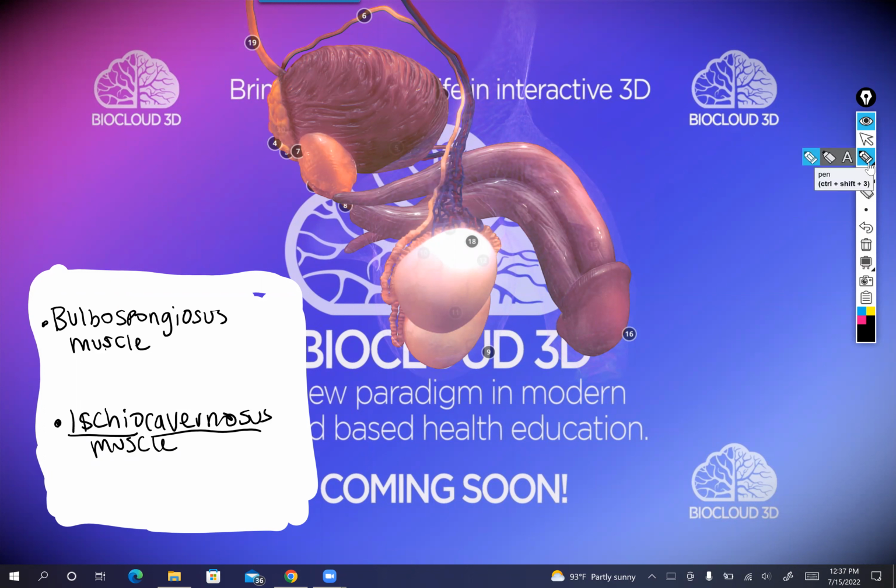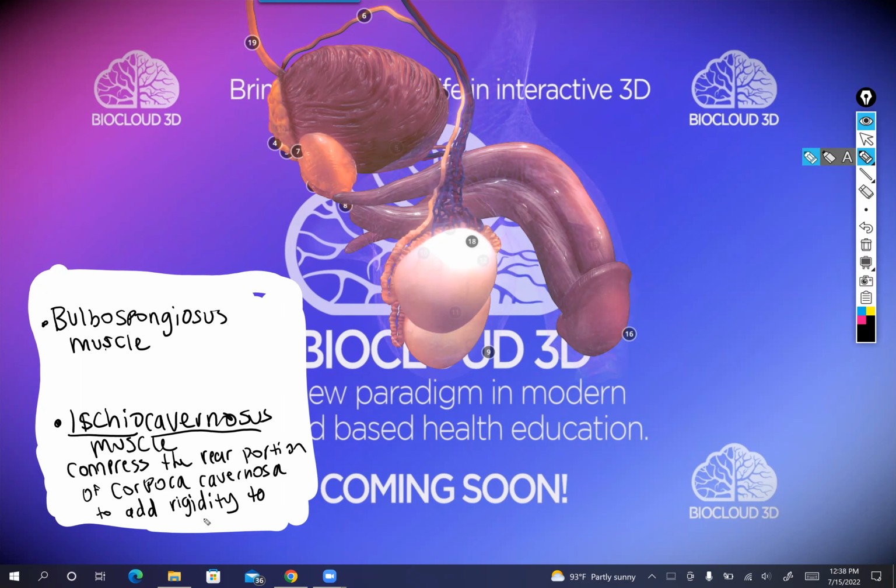So the ischiocavernosus muscles, there's one per side, one wrapped around each crus of the corpora cavernosa, contract to compress the rear portion of the corpora cavernosa to add rigidity to erection.